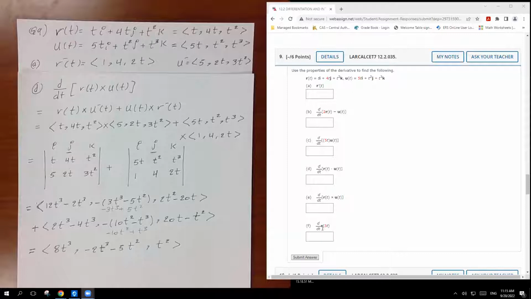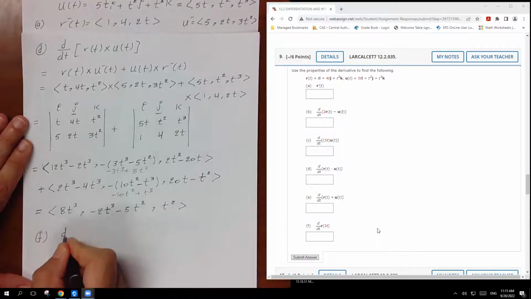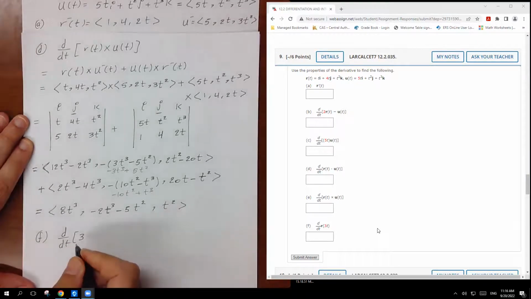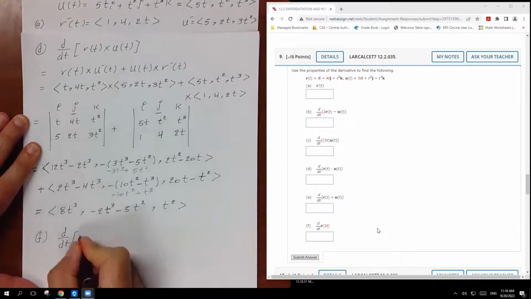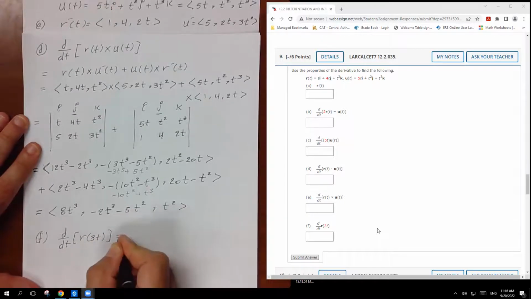The derivative of R of 3t. So this is the last one, F. Find d over dt of R of 3t. So don't confuse yourself.